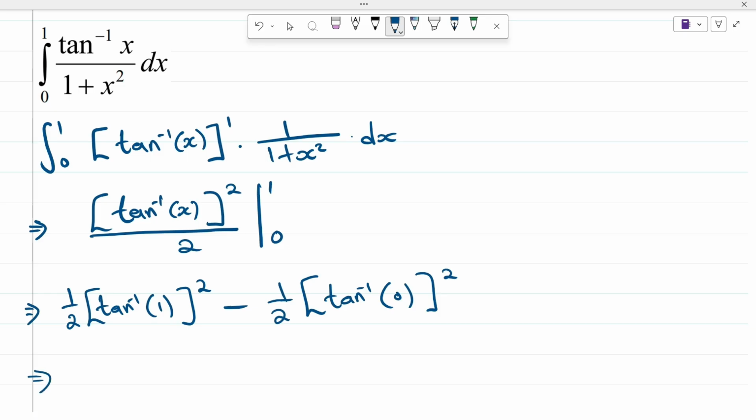Then I should be able to get 0.5 multiplied by the tan inverse of 1, you square that, minus 0.5 tan inverse of 0, you square that.